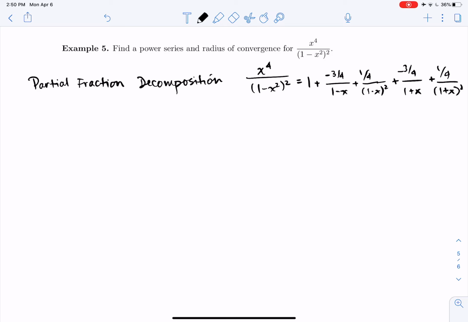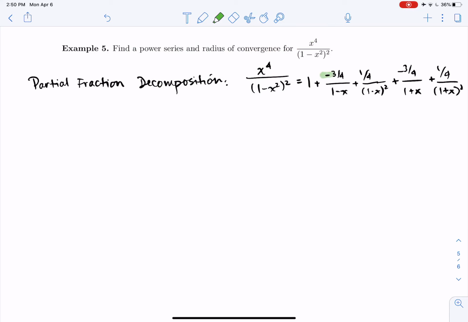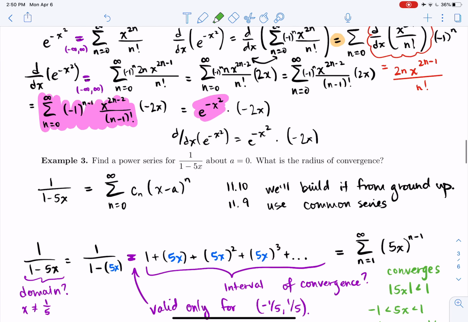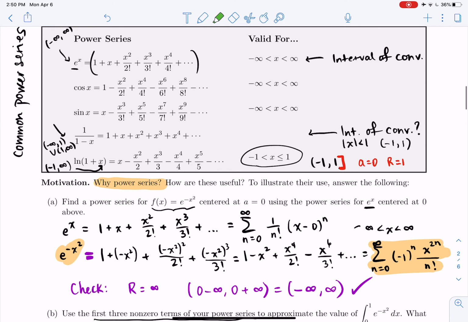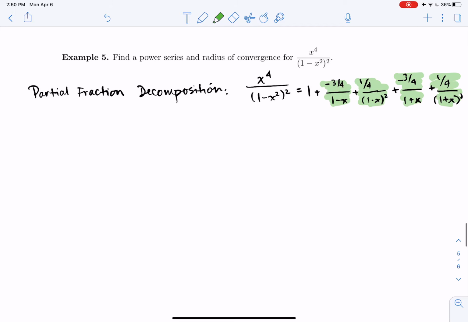But why did I do that? Because I knew my denominators would be 1 minus x, 1 plus x, and their squares, and those are all similar to our common power series function, 1 over 1 minus x. So I knew I was going to use this series to change all four of these little partial fraction decomposition pieces.